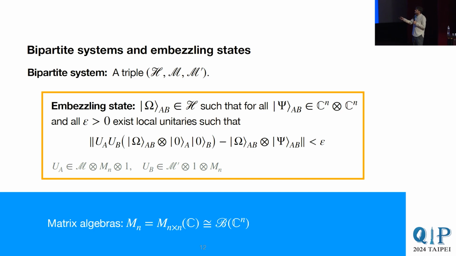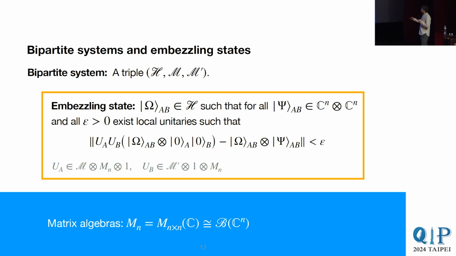So we have a bipartite system that is a triple of a Hilbert space, some factor, and its commutant. An embezzling state is just a vector omega in the Hilbert space such that for any finite dimensional entangled state, so just a regular finite dimensional quantum state that everybody is used to working with, and for any error epsilon that you fix, there exist local unitaries UA, UB that map omega tensor some product state to omega tensor the entangled state that you want.